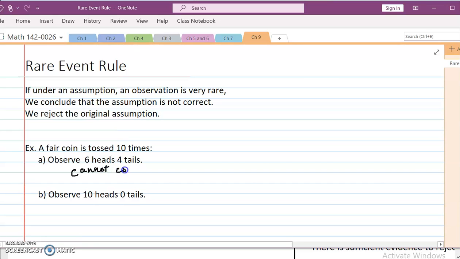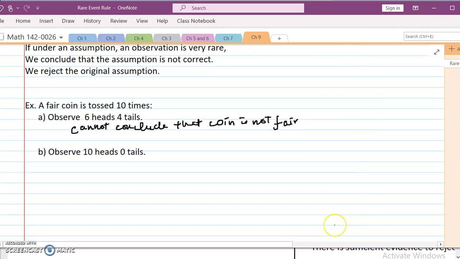You cannot conclude, based on the fact that you have one more than the average, that the coin has any problem. You cannot. So I am doing a double negative, right? You cannot say that it is not fair. Because you don't have any evidence, you would say that, oh, the coin may still be fair.